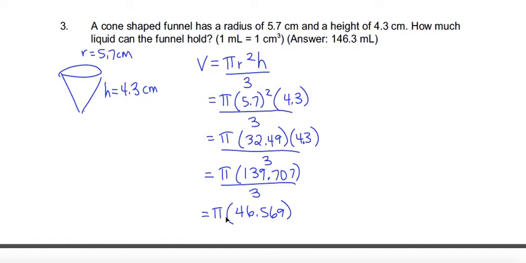So now we're going to take that 46.569 and multiply it by pi. Sometimes you have a pi button and sometimes it's a little symbol above one of your other buttons. So depending on your calculator, you're going to do that. And then you're going to get a final answer of 146.3 if I only keep one decimal place.